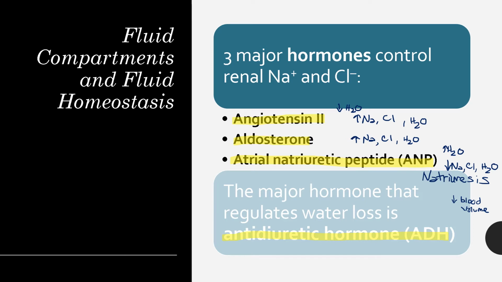Now, in addition to stimulating the thirst mechanism, an increase in the osmolarity of blood fluids stimulates the release of ADH. Now, this increase in ADH promotes the insertion of these water channel proteins. So remember, these are aquaporins. So if we increase ADH, this is also going to increase the insertion of aquaporins.